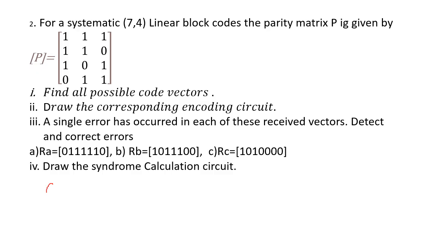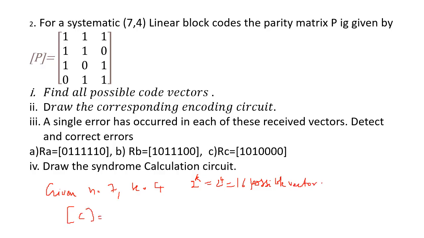Now here the given values are n equal to 7, k equal to 4. So there are 2 to the power of k possible vectors, which is 2 to the power of 4, so you will have 16 possible vectors. And we know that the code vector C is given by the formula D into the G matrix.